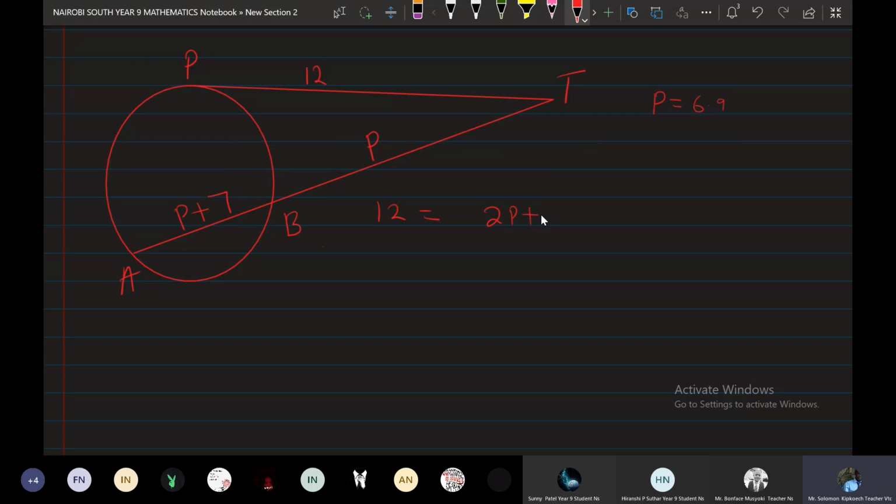Then you multiply by p. Then you have 144 equals 2p squared plus 7p. Finally, 2p squared plus 7p minus 144 equals 0. Quadratic formula: p equals minus 7 plus or minus.